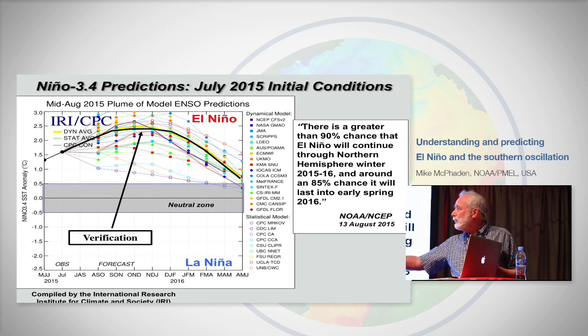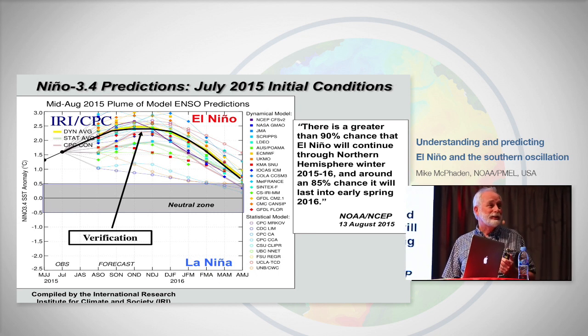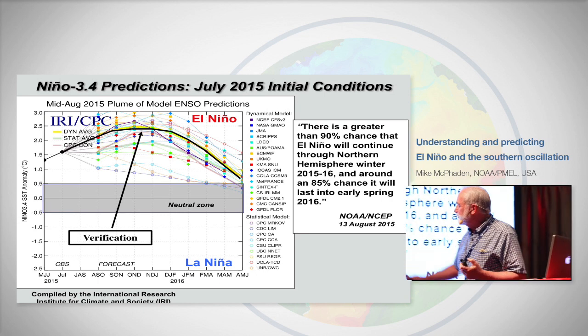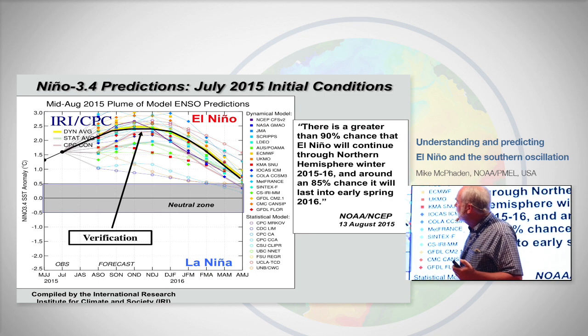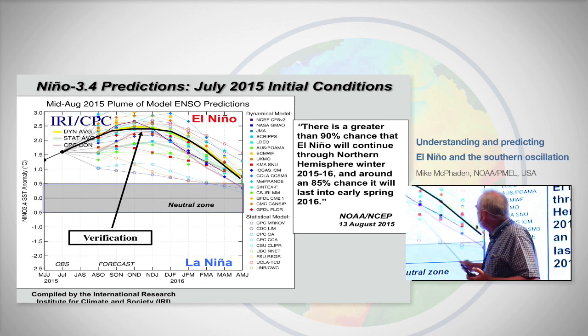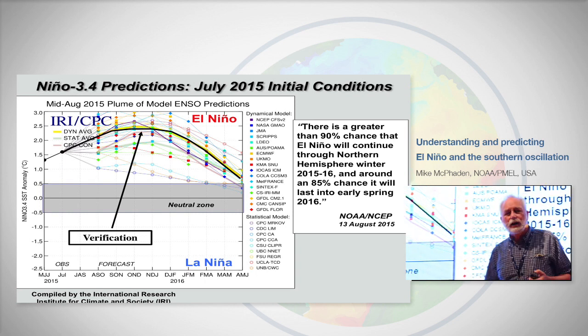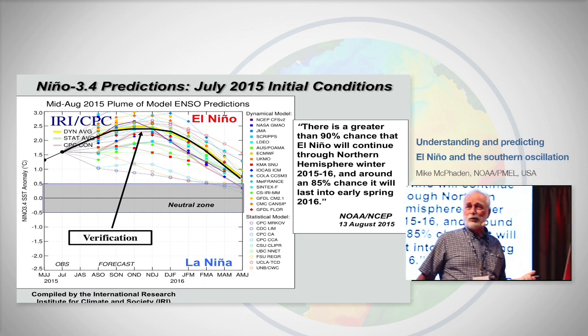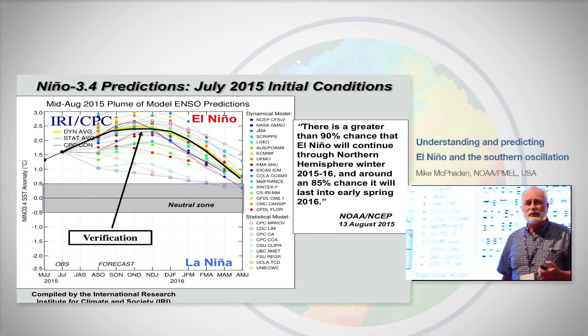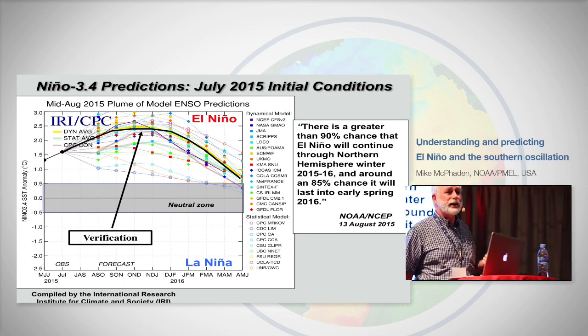So how well did this verify? Pretty good. I mean, it's right in the middle of this forecast plume. And I don't know if you can see it, but the yellow line here is the average of all the dynamical models, and the green line here is the average of all the statistical models. The dynamical models actually got it better.